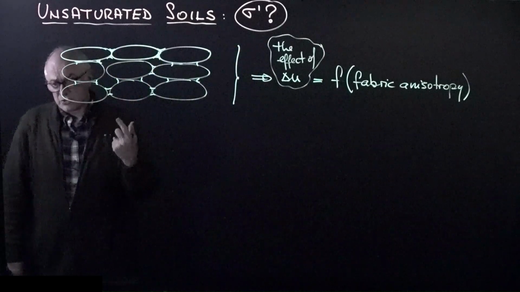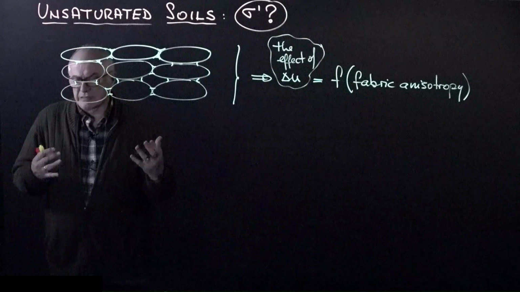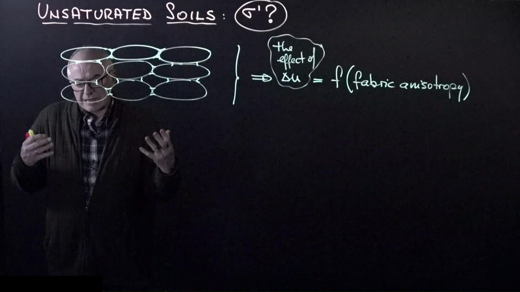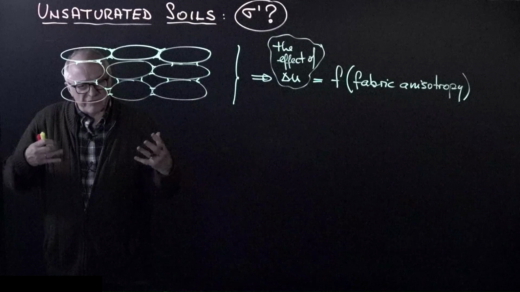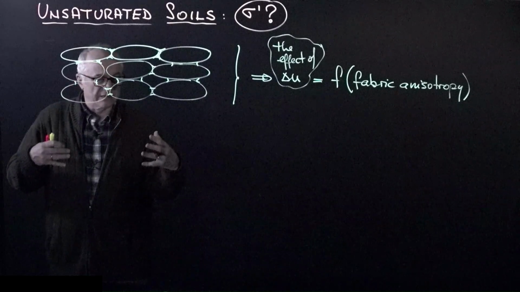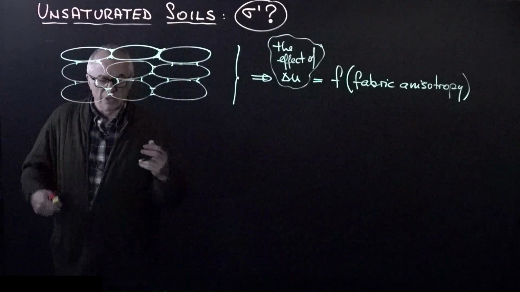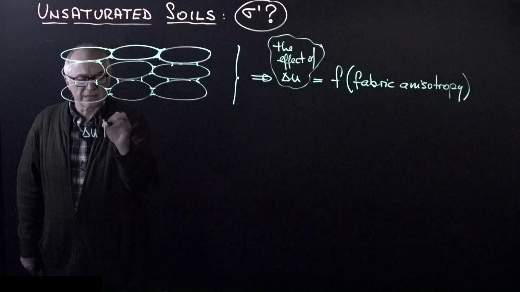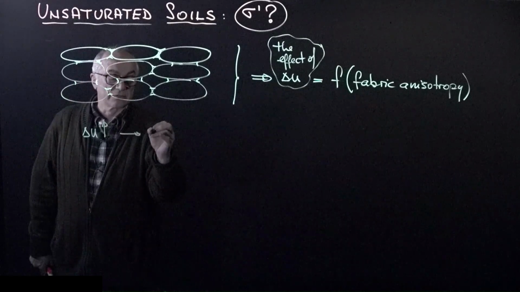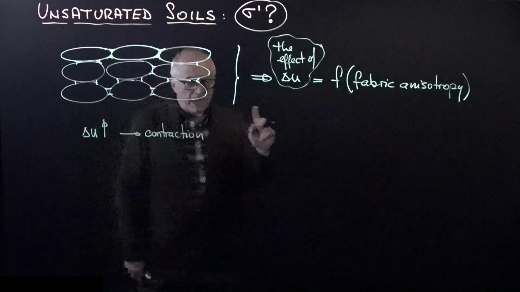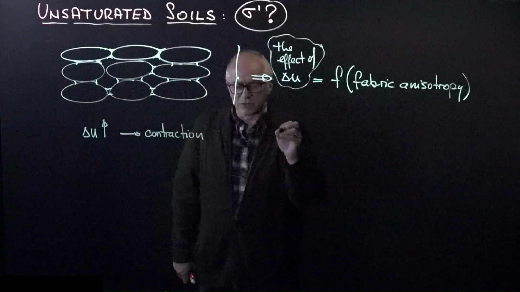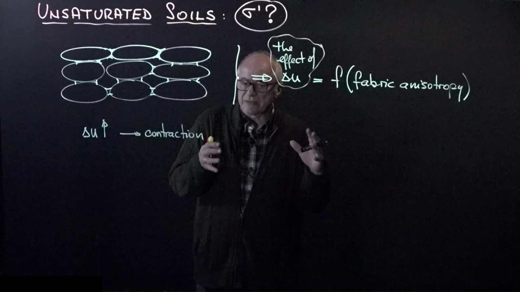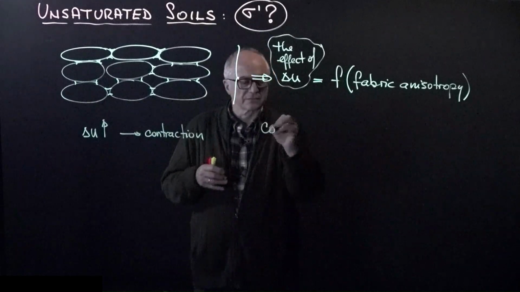And to show once again the complexity of unsaturated soil behavior and the effect of suction on the behavior of soils, one would expect that as suction increases, there should be contraction. However, a collapsible soil starts relatively dry and with high suction.